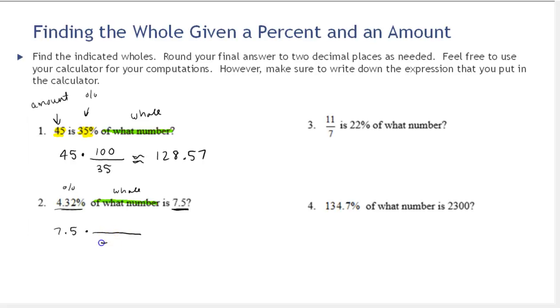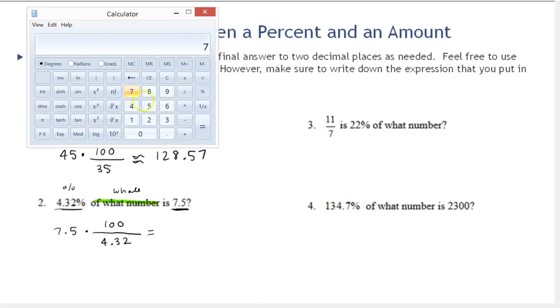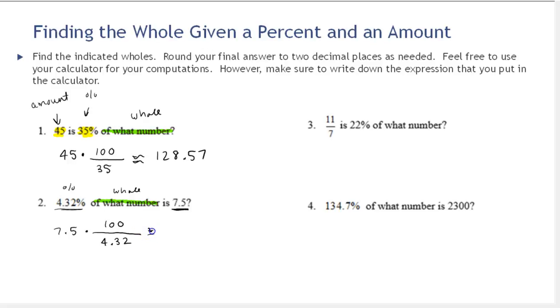We're going to divide 7.5 by 4.32. That will give us 1%. Then multiply by 100 to get 100%. So 7.5 times 100 divided by 4.32 gives us 173.61. So it's approximately 173.61 rounded to 2 decimal places.